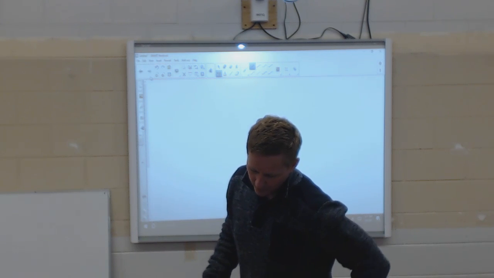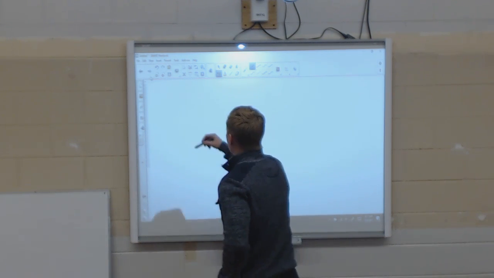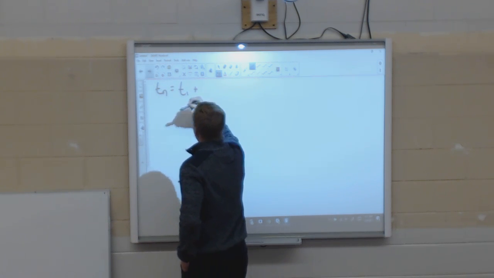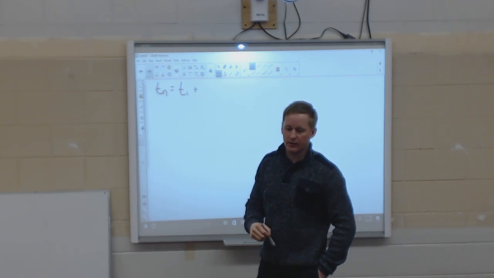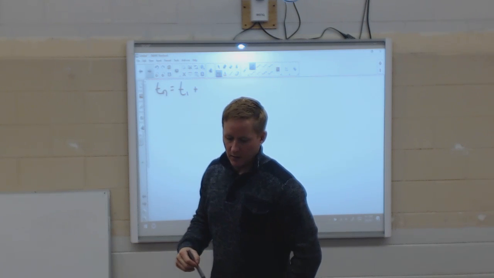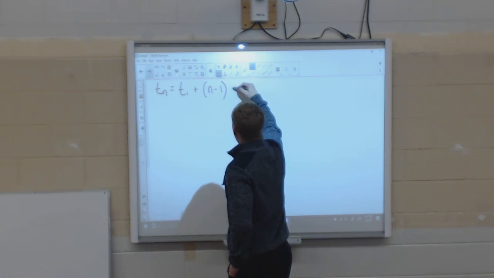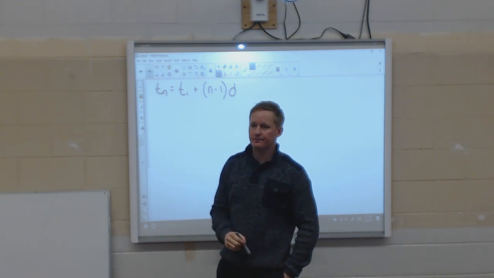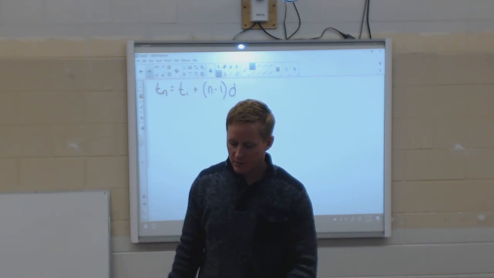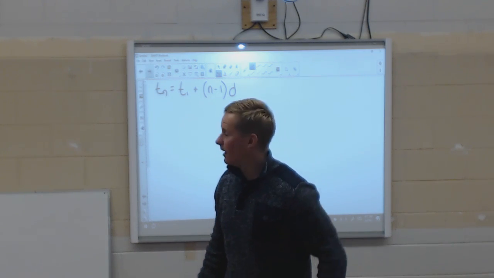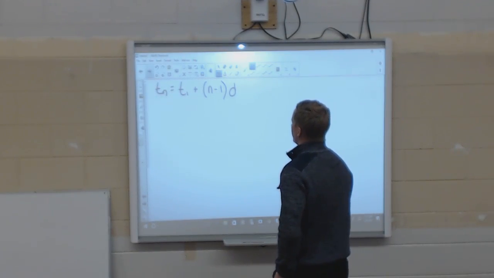Just before I do that, I'm going to give you this right now. So make a note of this. To find any term of an arithmetic sequence, you need to know the first term, and you need to know the common difference. So this will allow you to get any term of an arithmetic sequence.